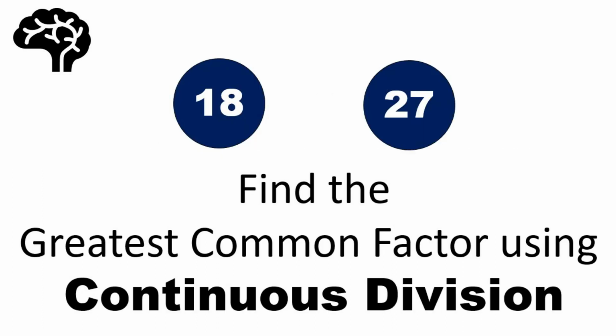Let's find the greatest common factor of 18 and 27 using continuous division. Let's place the numbers 18 and 27 inside an upside-down division bar. 18 and 27 have a common factor of 3, which is a prime number.